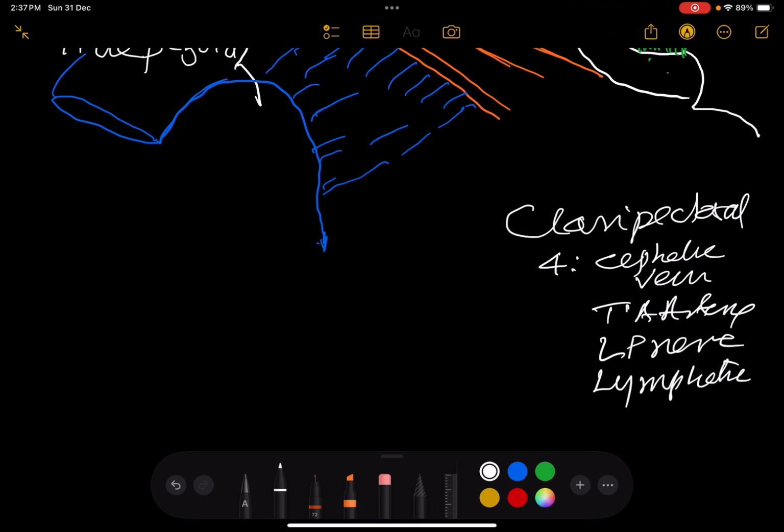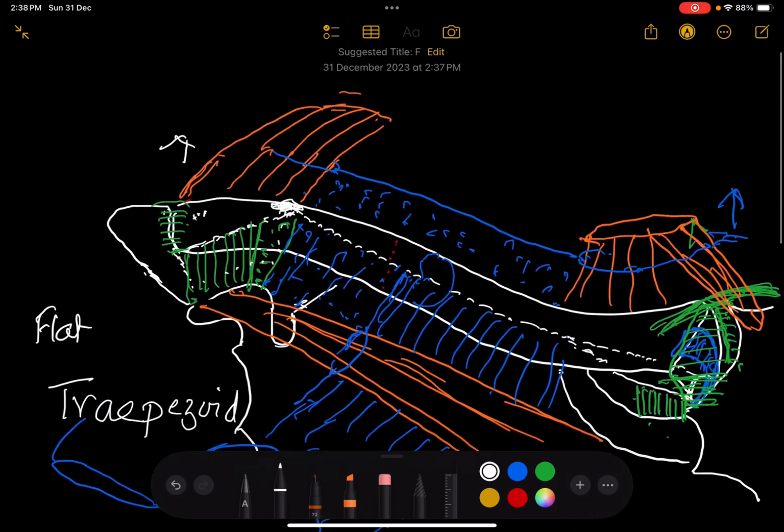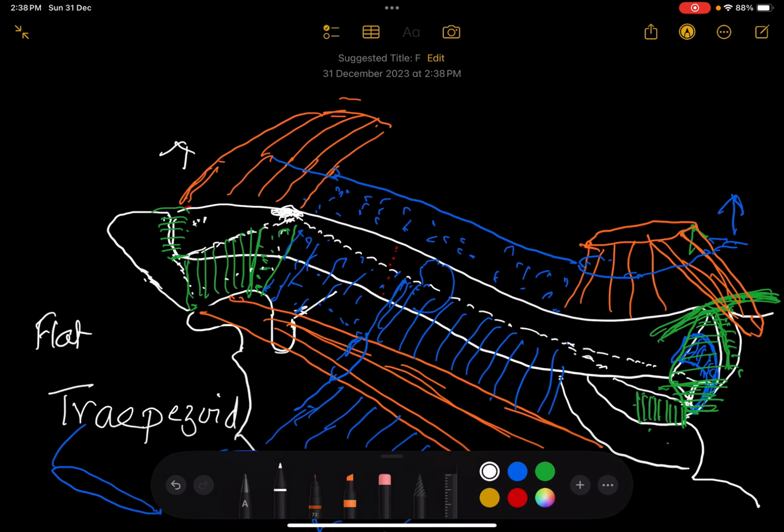So this lymphatic is from the axillary tail of Spence. These are the four structures that pierce the clavipectoral fascia, and you must know the names of these four structures because that's very frequently asked.